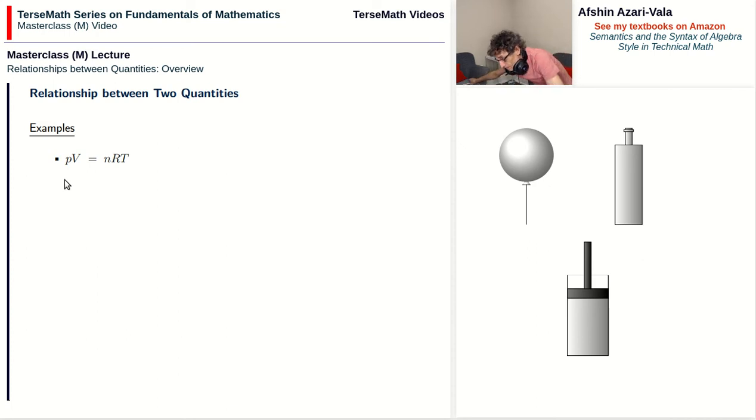And now other things that I can tell about this system, about this formula. Let's say that we want to see what happens if temperature changes. So now our focus is on these two quantities, pressure and temperature.